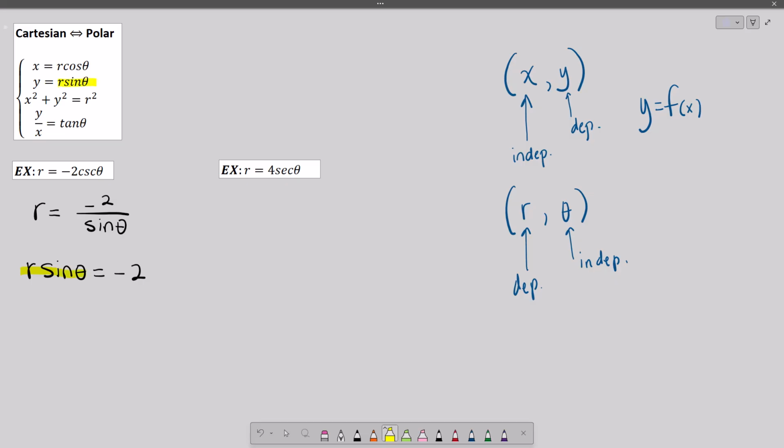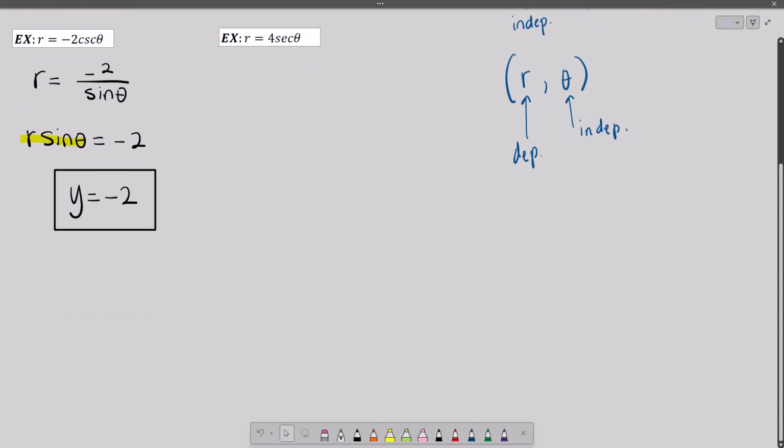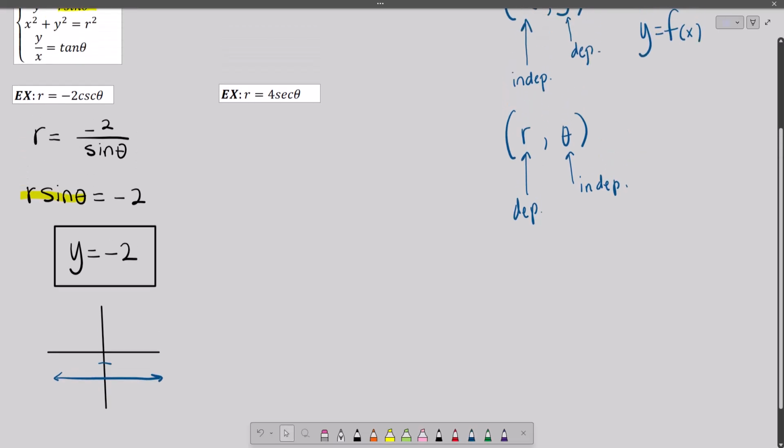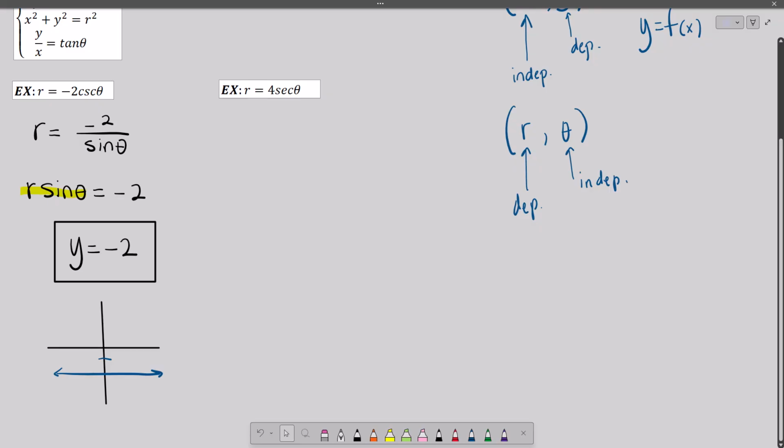And so we can take that r sine theta and just replace it with a y. So here is our Cartesian equation. What's the graph of that? A horizontal line. So now we know what a horizontal line looks like as an equation in polar. If you have r equals 5 cosecant, you'd have the horizontal line of 5. If you have r equals 10 cosecant, you have the horizontal line of 10. So that's what horizontal lines look like in polar.